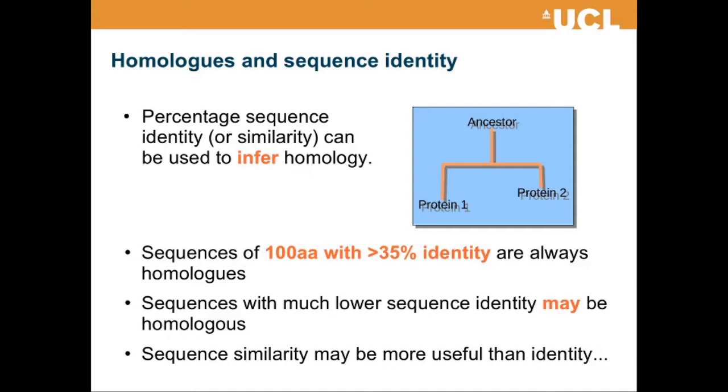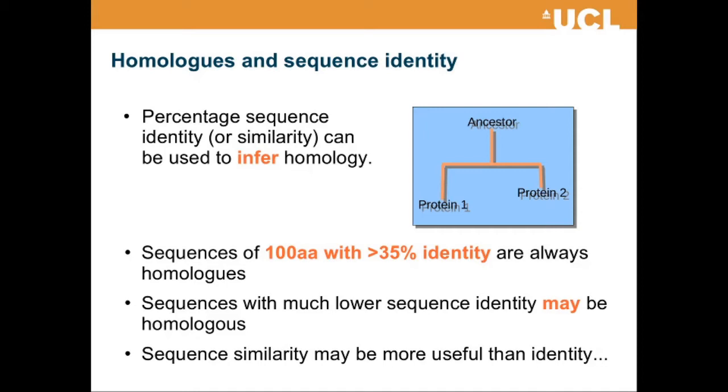You don't get that level of similarity or identity between proteins unless they've descended from a common ancestor. But sequences with much lower sequence identity may be homologues. And sequence similarity may be a more useful measure than identity. And I'll explain a bit more about what I mean by similarity in a few minutes.